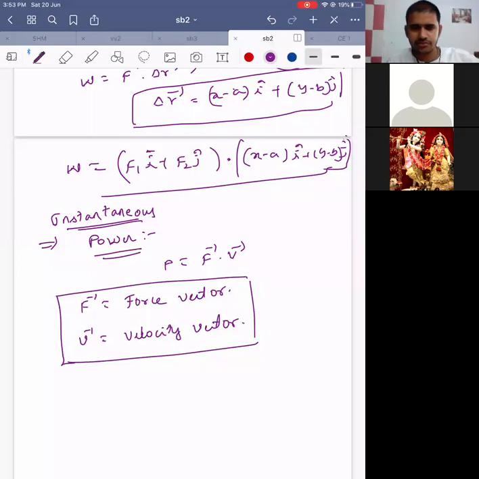These are the two examples that come to my mind, to calculate the instantaneous power. F bar dot V bar.